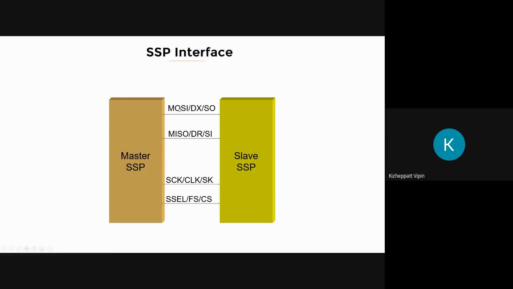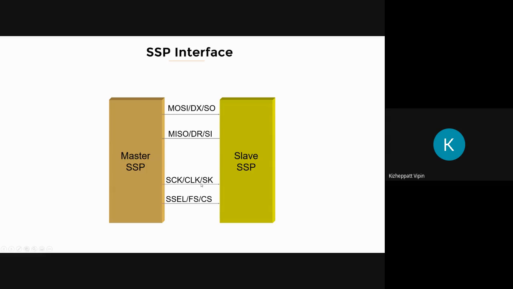You can see we still have MOSI, MISO, serial clock, and slave select. When we are using the SSP interface as an SPI interface, following the SPI protocol, these 4 lines are called MOSI, MISO, serial clock, and slave select. If we are using this interface for TI SSI, the synchronous serial interface, it is the same wires, but we call them by different names: data transmit, DX, data receive, DR, then clock, and frame select, FS.